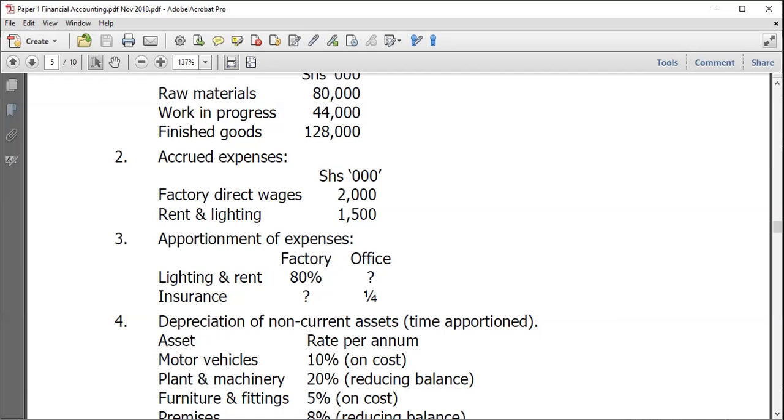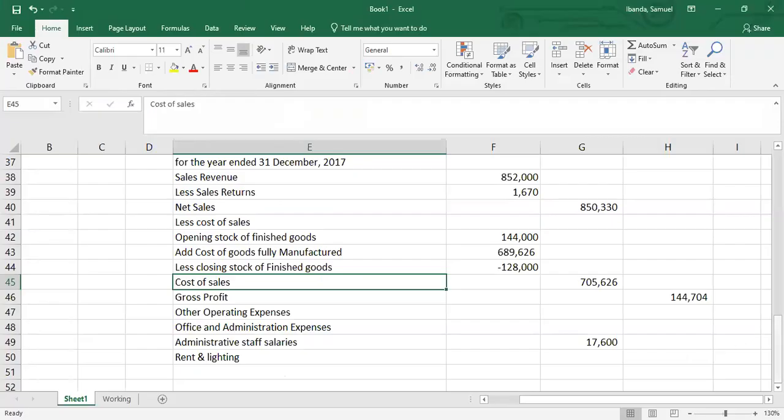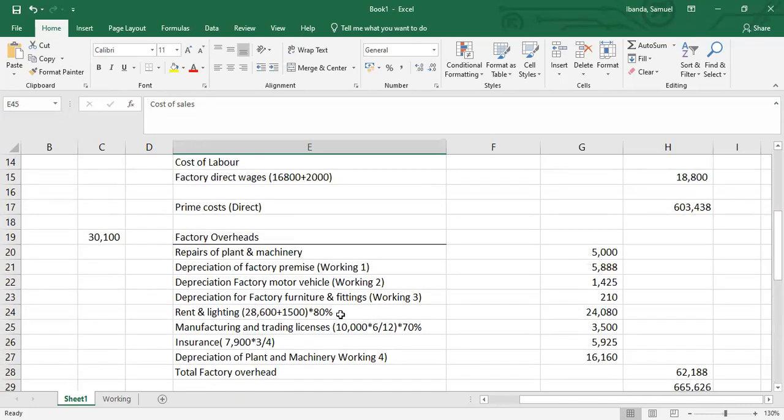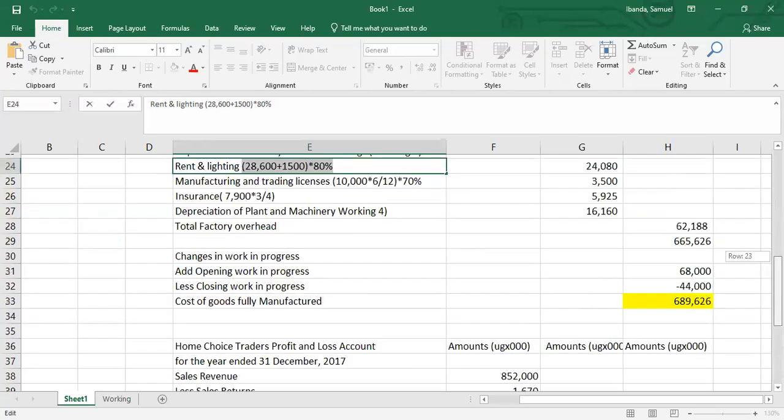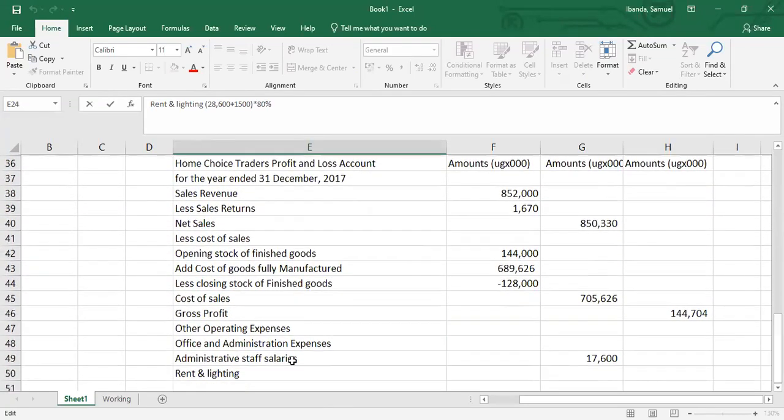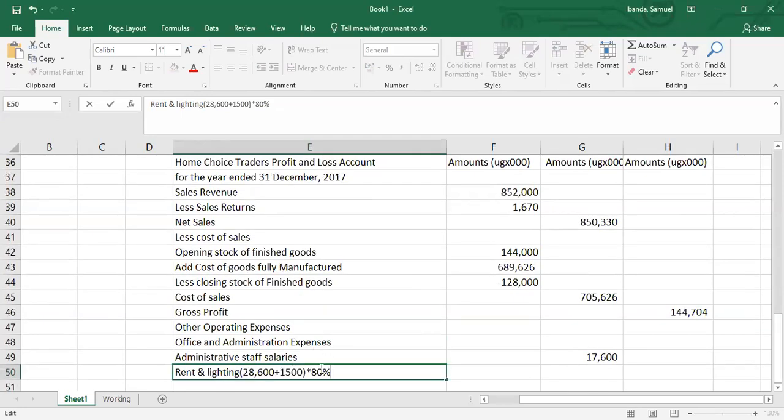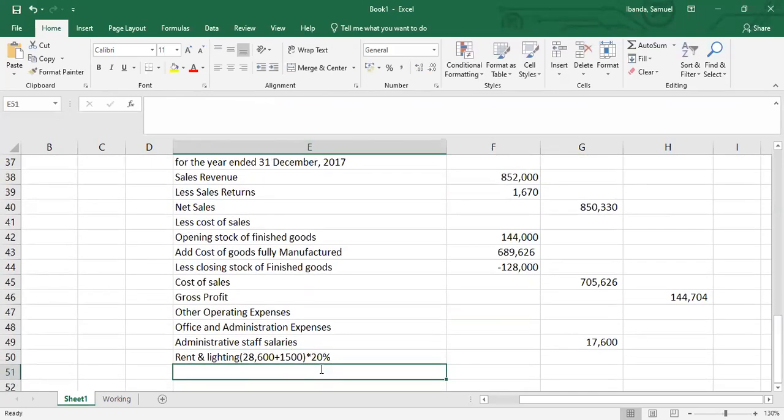So the same principle I used for factories, I'll use here. I multiplied by 80% for the other side; for this side I'll multiply by 20%.